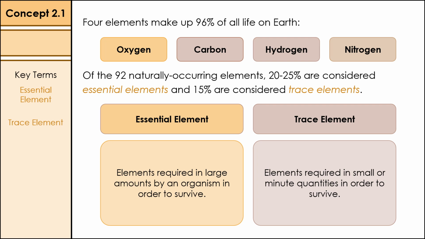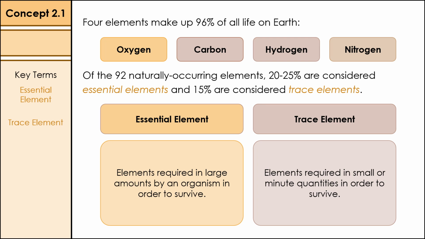The essential structure of our biological molecules are composed of these four elements, but we do have other elements that play other roles in terms of our homeostasis and our ability to survive and withstand environmental change, and those are considered trace elements. So those are going to be things that create concentration gradients, is one of the examples that we'll talk about, that allow our neurons to communicate and send signals.